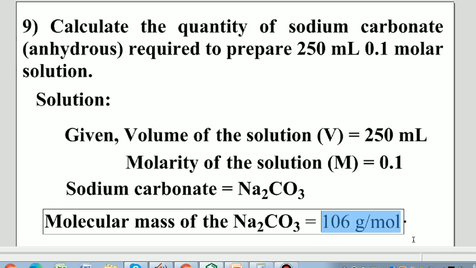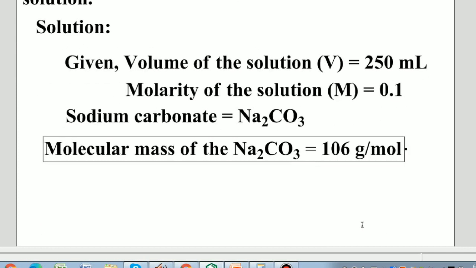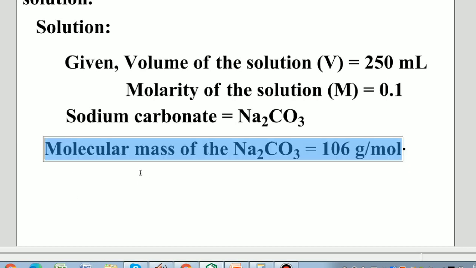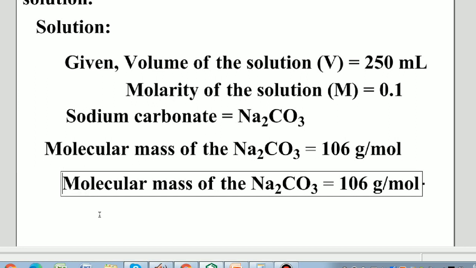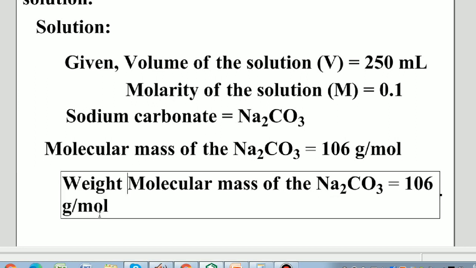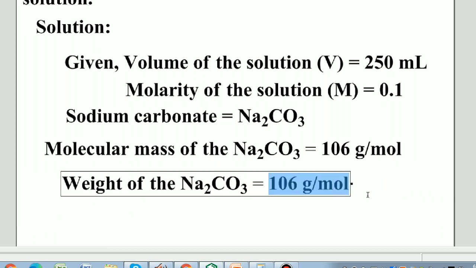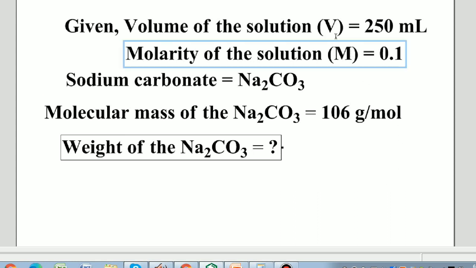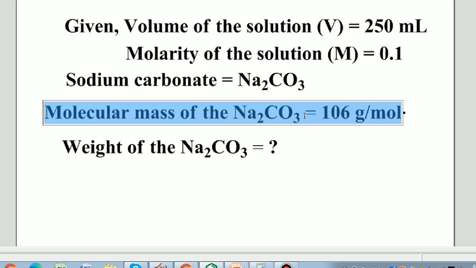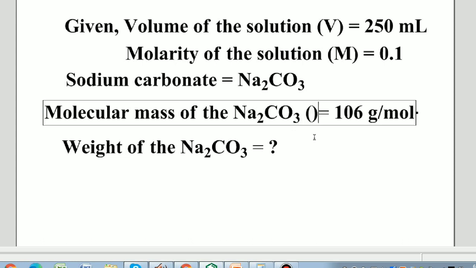Similarly, students, the question is that we should find the weight of the solute, the mass of Na2CO3, to prepare the given 0.1 molar solution. Students, we know molarity, volume and molecular mass of the solute, that is small m.